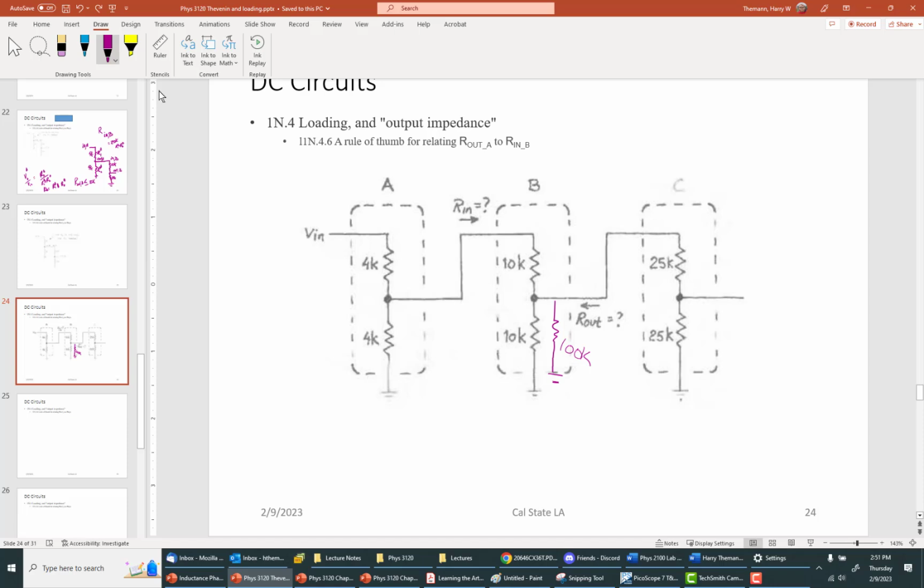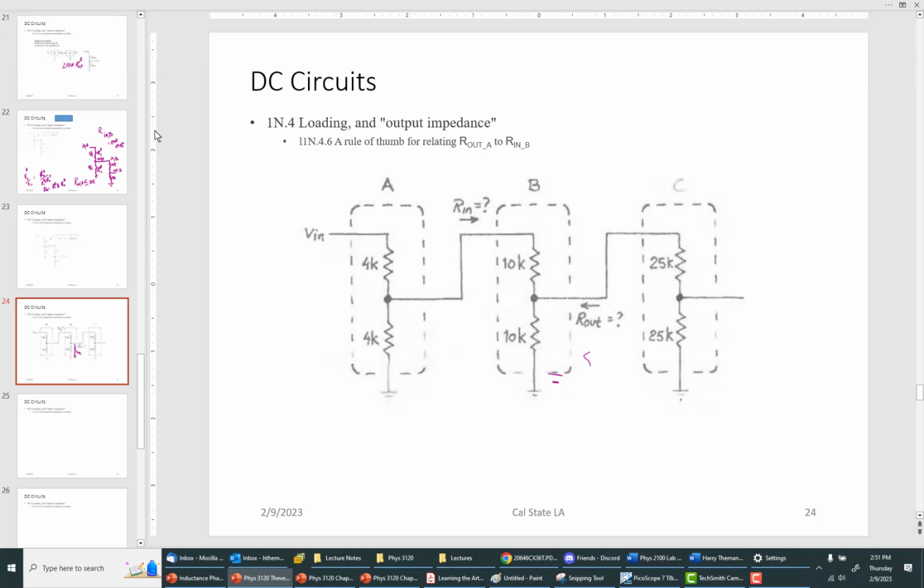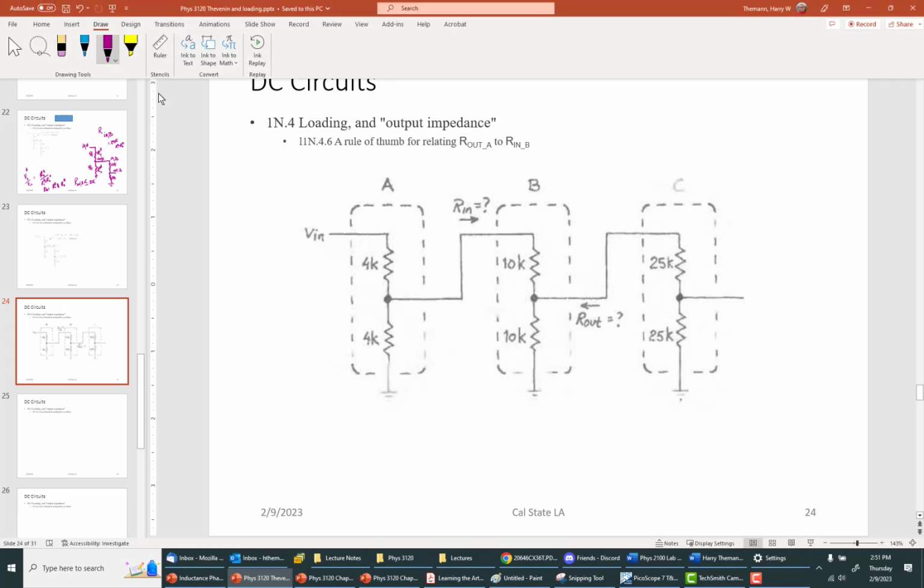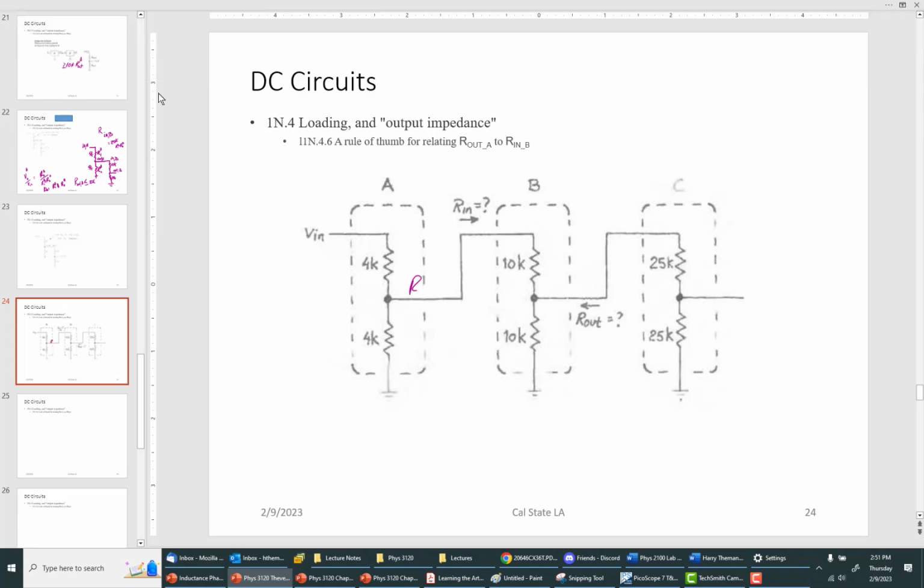Since these two 10Ks were fixed, we're given these as two 10Ks, then we knew that we had to have two 4Ks here, because then this has an R out of 2K, this has an R in of 20K.